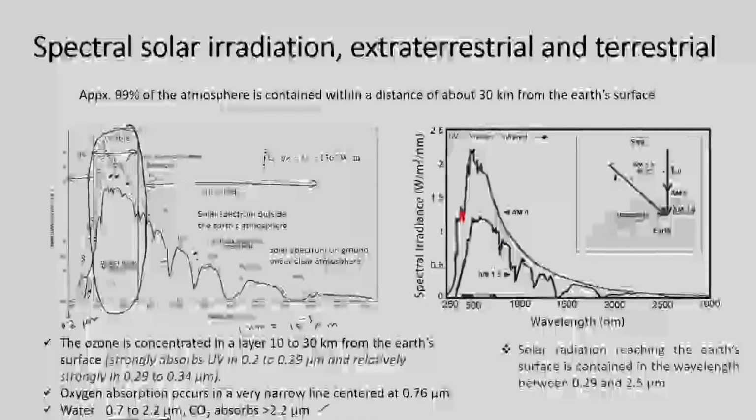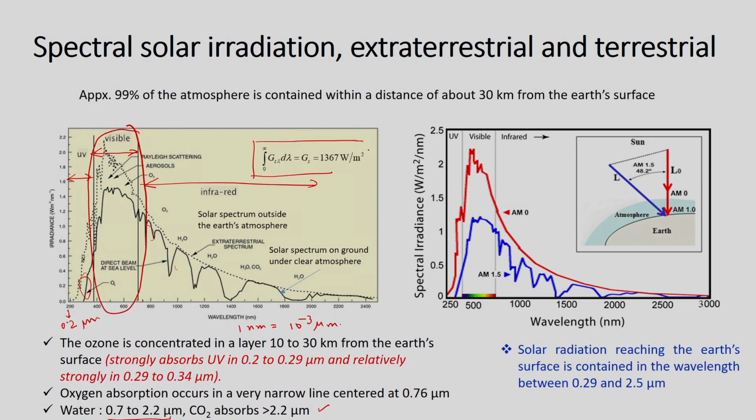We will also learn about emissive power. If we integrate this amount of radiation per unit wavelength over all the spectrum, what we get is called the solar constant. This will be clearer when we do some numerical problems.